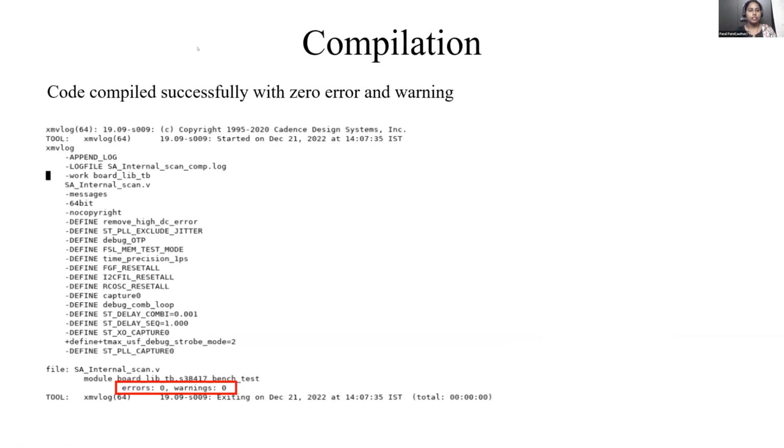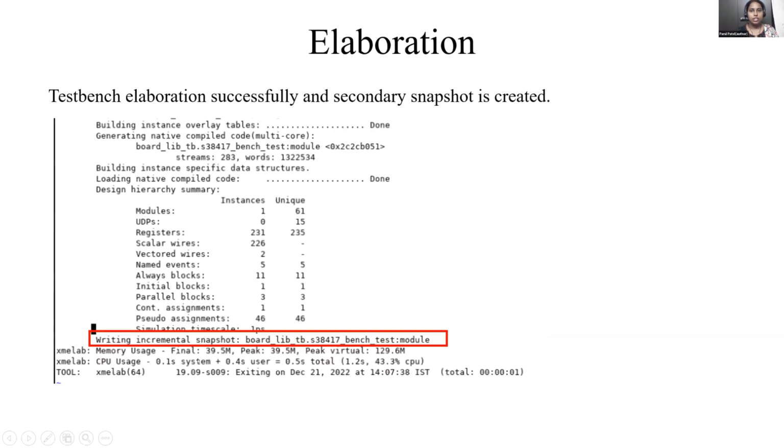Now these are my compilation logs. If you compile, like I already told you, it will look for syntax errors and some other things. After compiling, it will show zero errors and zero warnings if your design with test benches compiled successfully. This is your elaboration log. Here, the test bench elaboration is successful and a snapshot is made.